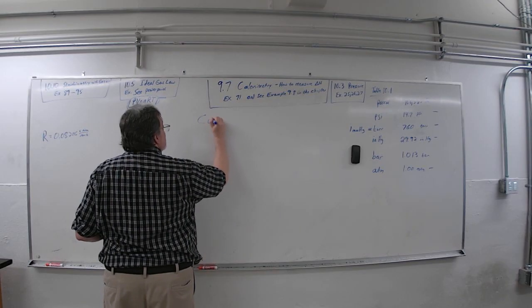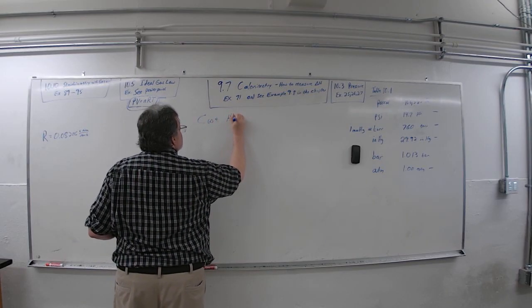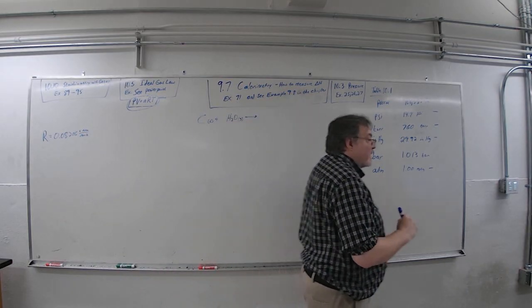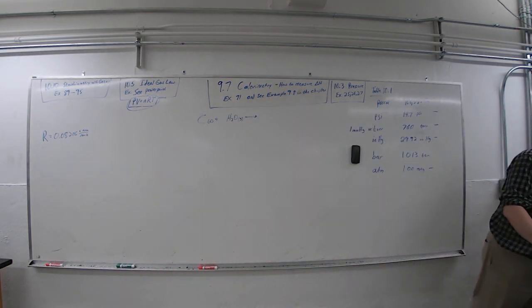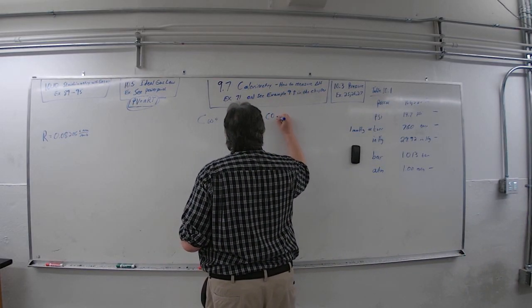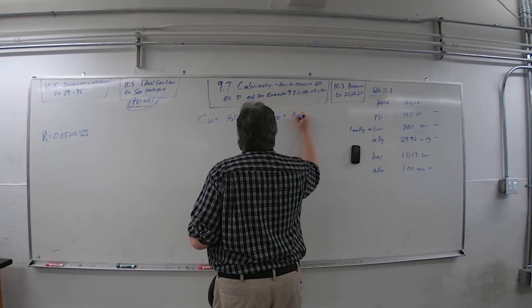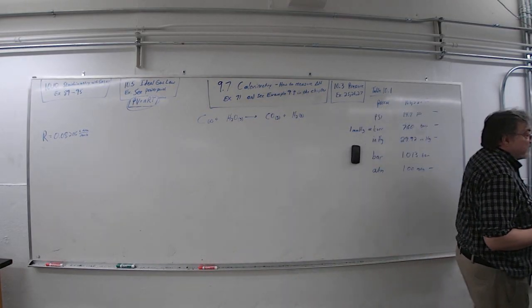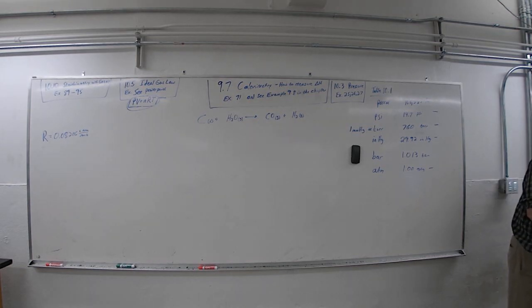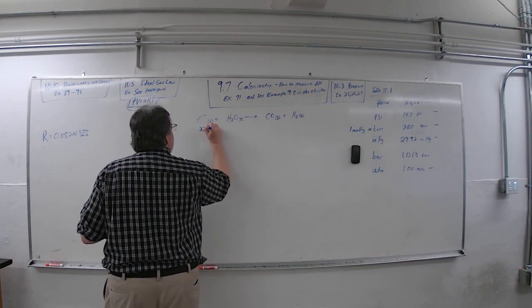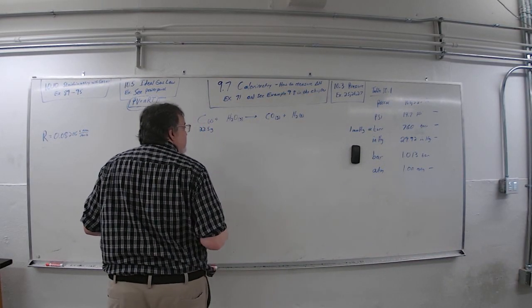Carbon, that's a solid, plus H2O, that's gas. So we're doing this at a higher temperature. CO and H2O. Do this reaction with 22.5 grams of carbon.